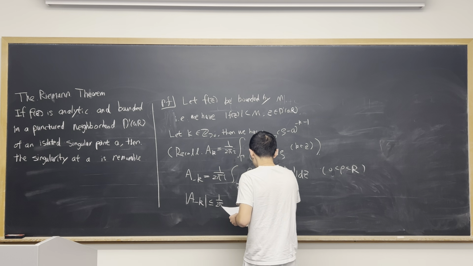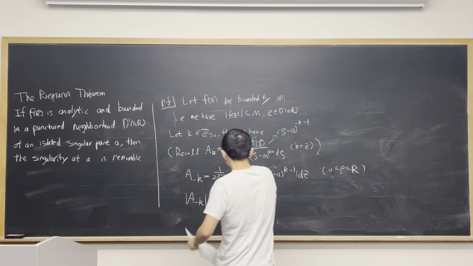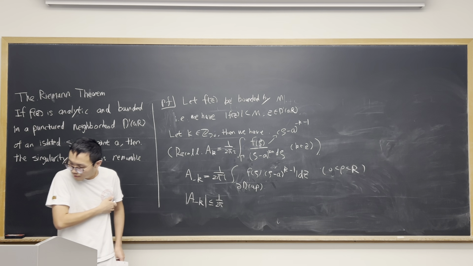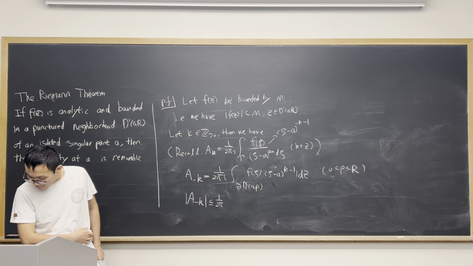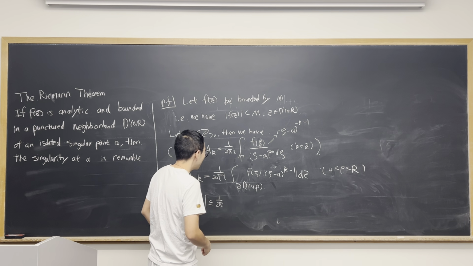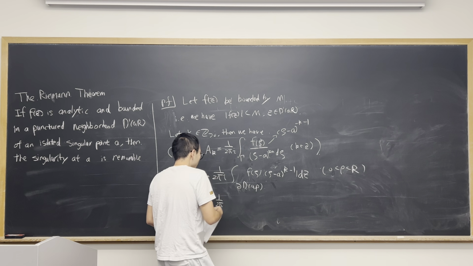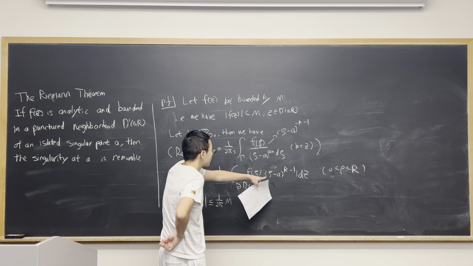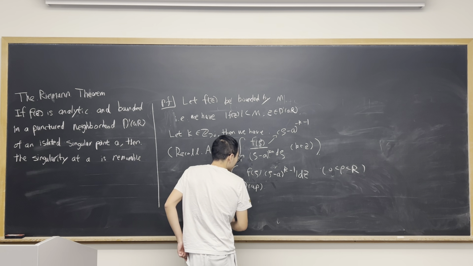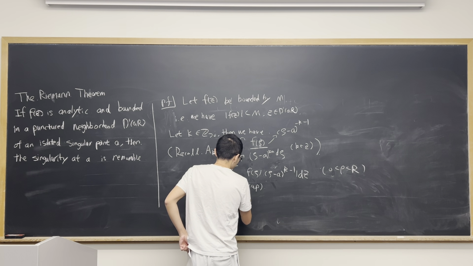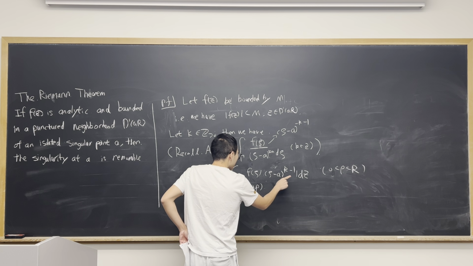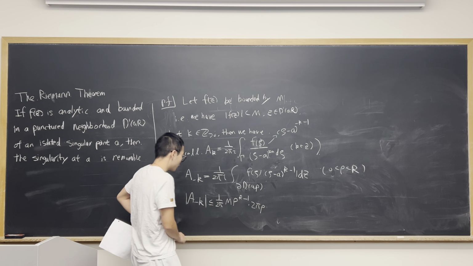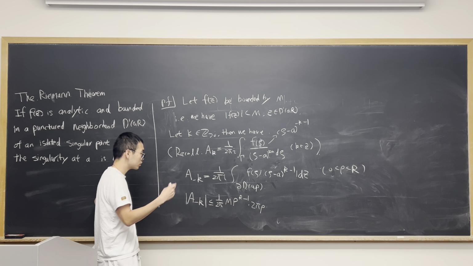Sorry, it's centered at a, right? So this is less than or equal to 1 over 2 pi times M times rho to the k minus 1 power times 2 pi rho, which is the whole circle.